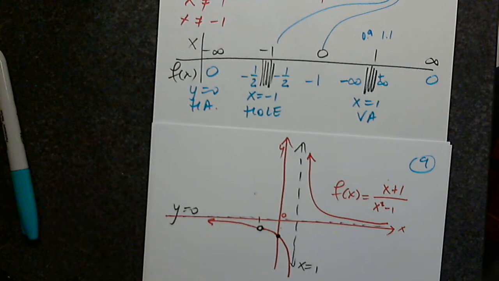I would like to see that point right here. I want to zoom in to look at this area. So between negative 2 and positive 1, and between negative 2 and positive 1, with a scale of 1.